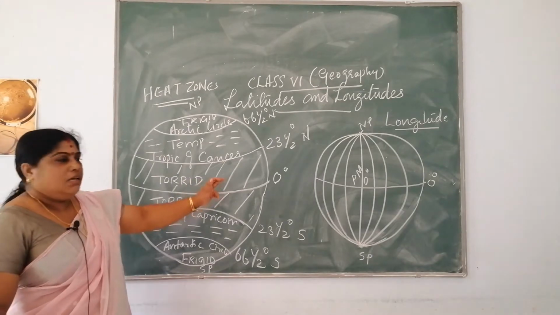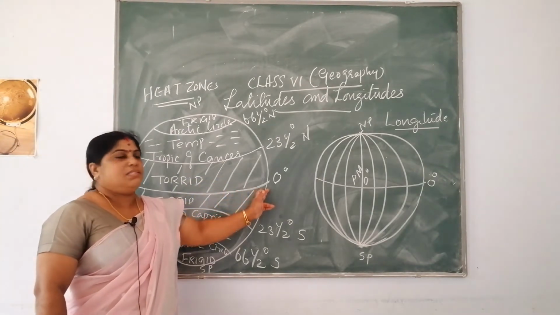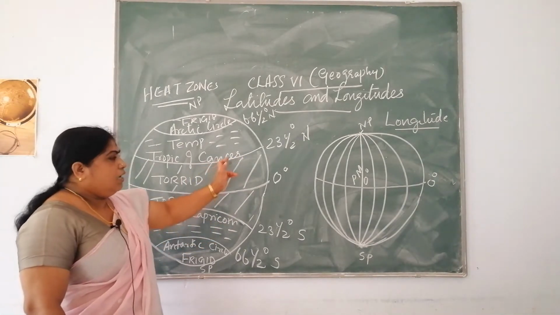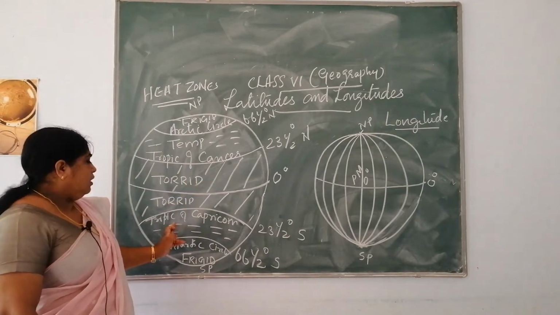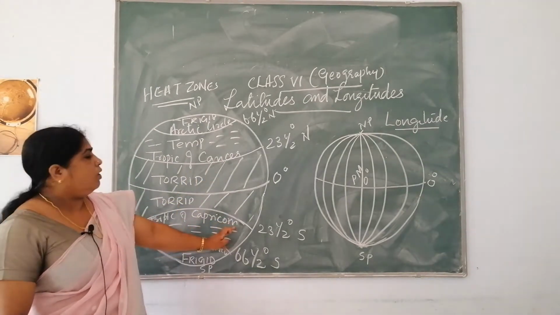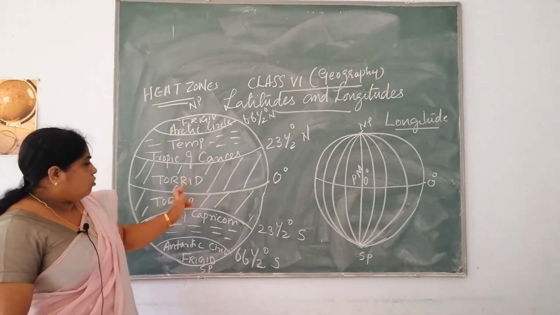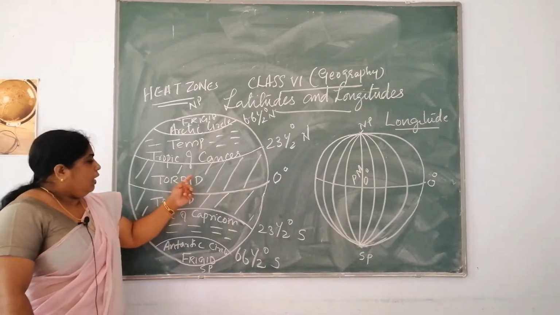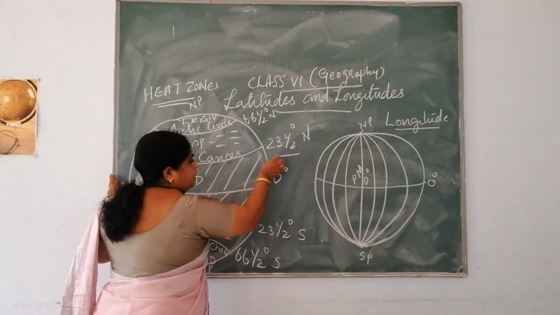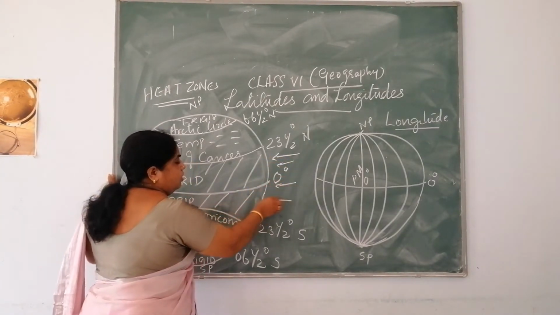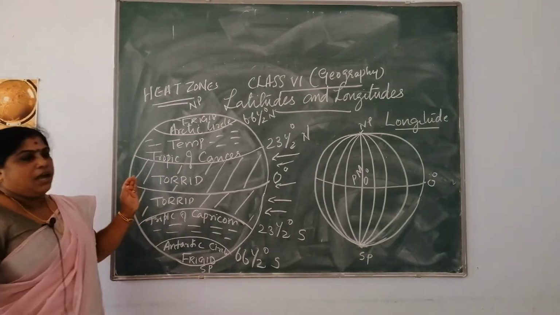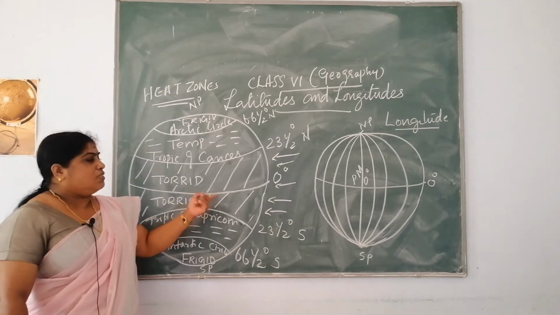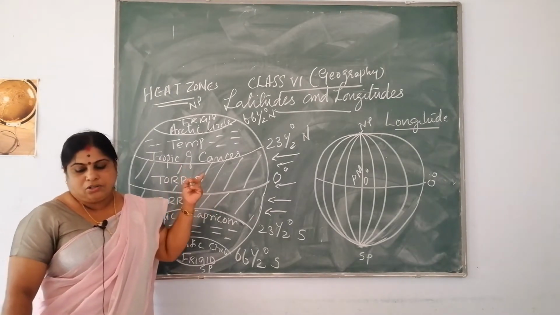As you already learned, the 0 degree Equator divides the earth into two equal halves. Between 23.5 degrees north Tropic of Cancer and 23.5 degrees south Tropic of Capricorn, we have the torrid zone. In this zone the direct rays of the sun fall onto these areas, so it receives the rays of the sun directly and is hot throughout the year.